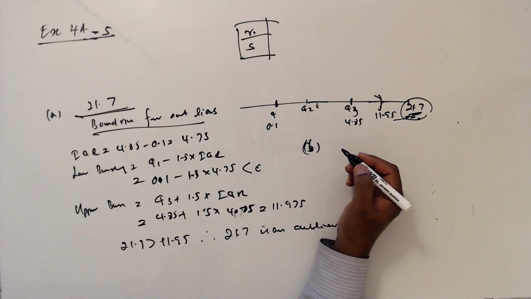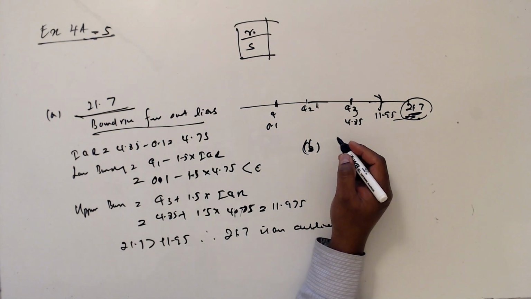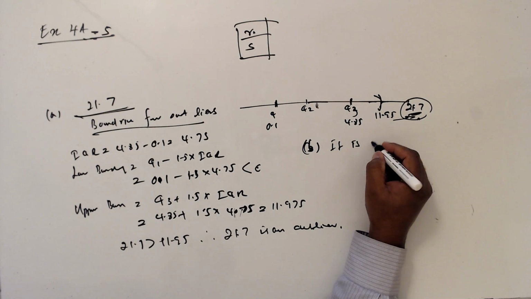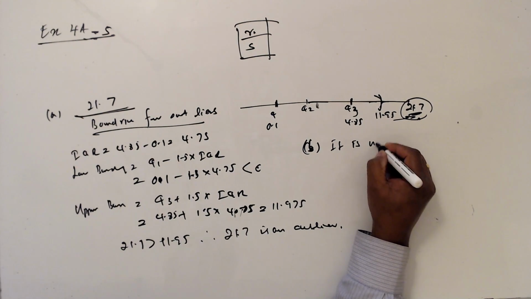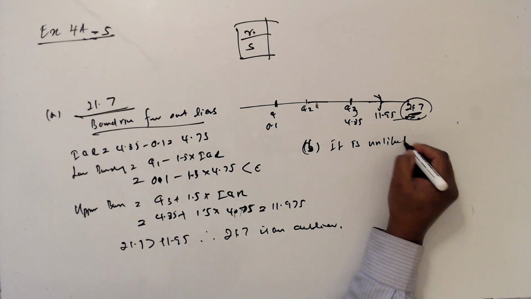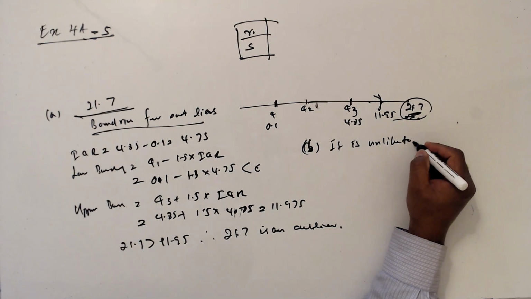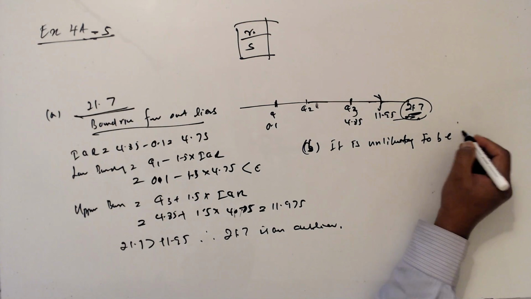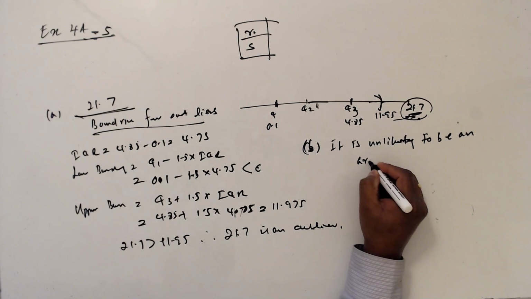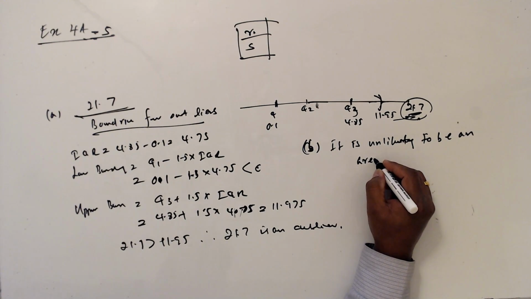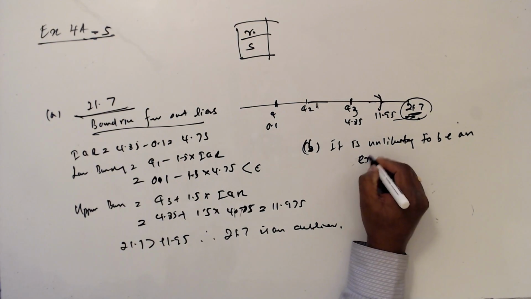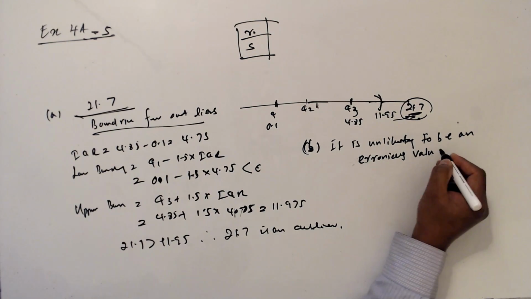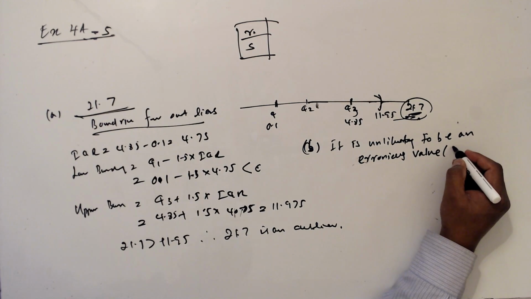An outlier is an extreme value, but it is unlikely to be an erroneous value or anomaly.